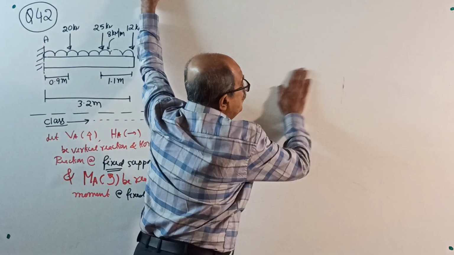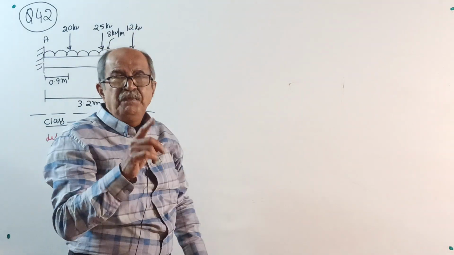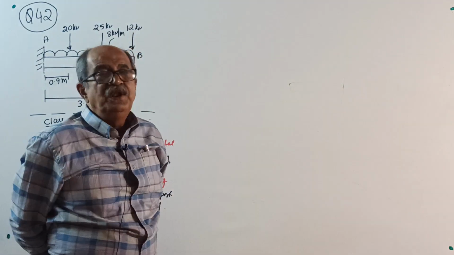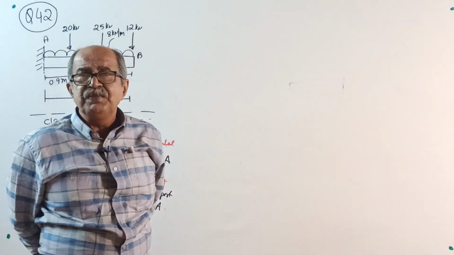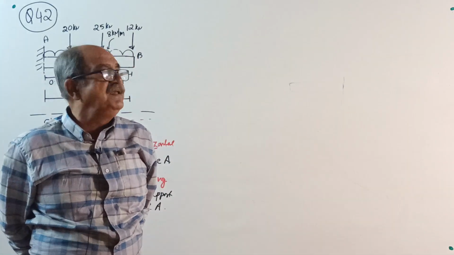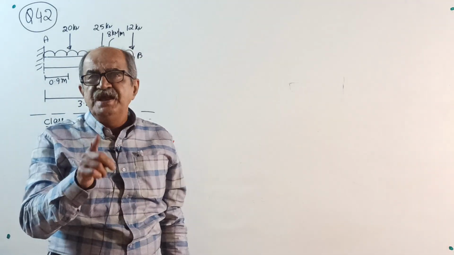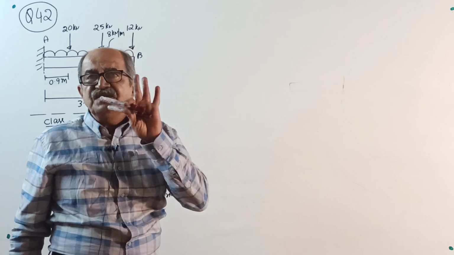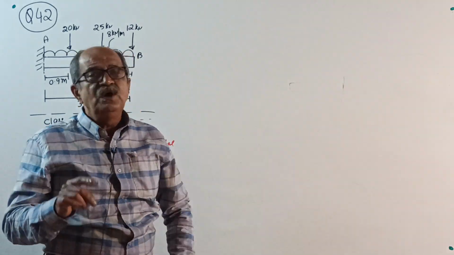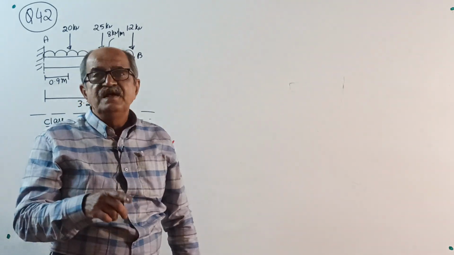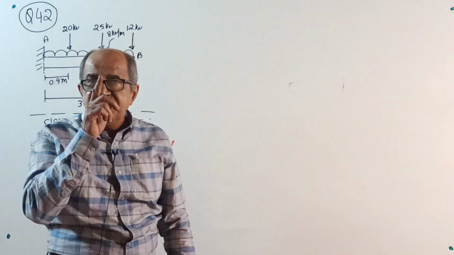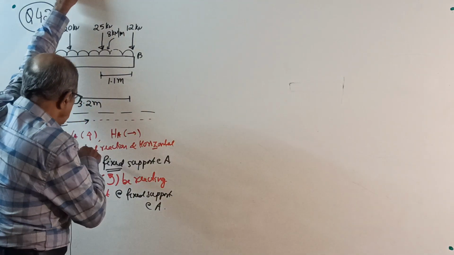Positive sign for the unknown, I told repeatedly, when you apply basic conditions of static equilibrium and solve for an unknown reaction, positive sign indicates that assumed direction is correct. So, if you get a positive sign, that reaction is in the same direction as you assume it.